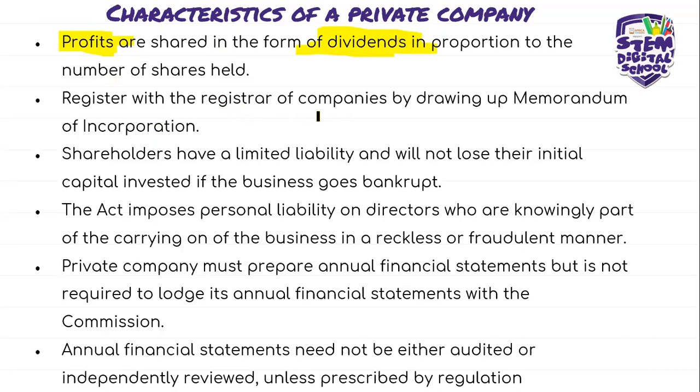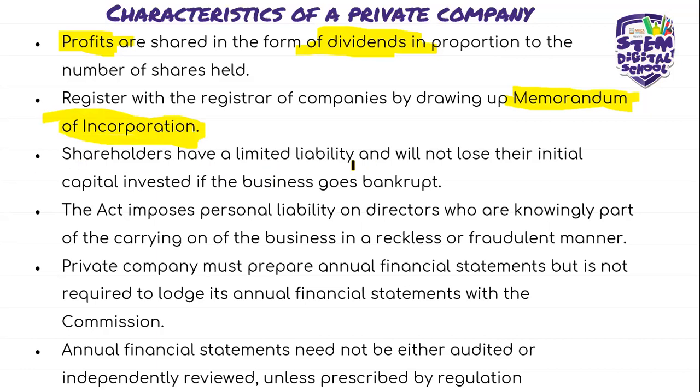Register with the registrar of companies by drawing up the MOI, Memorandum of Incorporation. Remember your MOI, guys? We spoke about it last week. It's a document that sets the rules of the company, right? Sort of like a code of conduct.